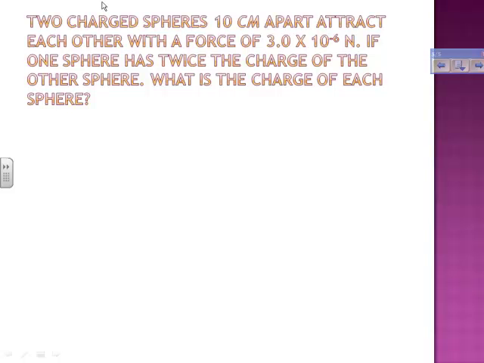Lastly, let's look at a little bit more complicated problem. Two charged spheres, 10 centimeters apart, attract each other with a force of 3.0 times 10 to the negative 6 newtons. If one sphere has twice the charge of the other sphere, what is the charge of each sphere? So F equals K Q1 Q2 over R squared. 3.0 times 10 to the negative 6th equals 9 times 10 to the 9th.